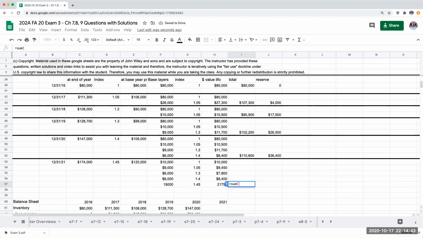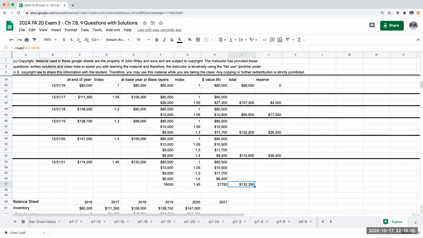So my total ending inventory under dollar value LIFO is going to be, whoa, oh, that didn't add up right. Hold on, 80, 10, 9, 6. Oh, I guess I'm glad that I went through and did that. Okay.